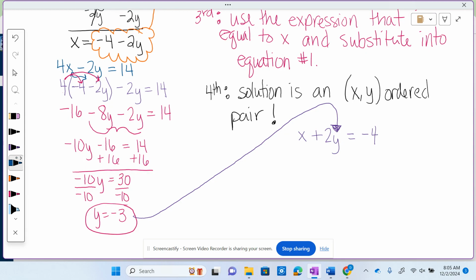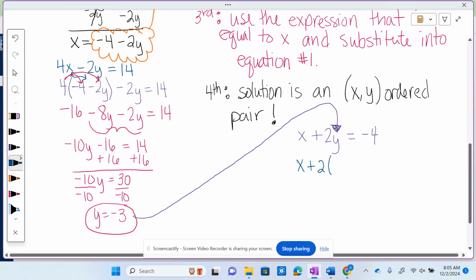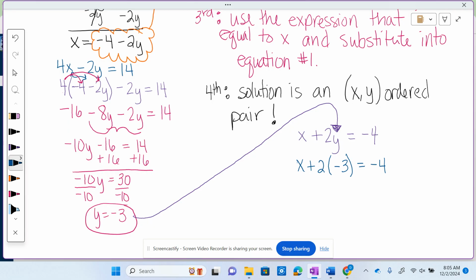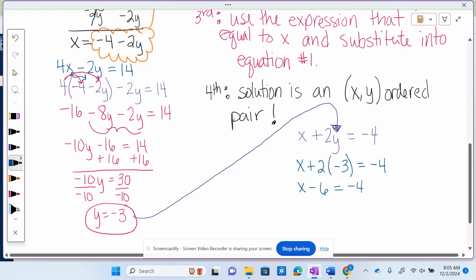So let's see. x plus 2 times negative 3 equals negative 4. So now what do I need to do? And what is 2 times negative 3? So x minus 6 equals negative 4.